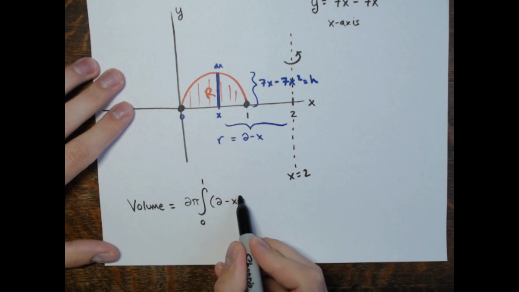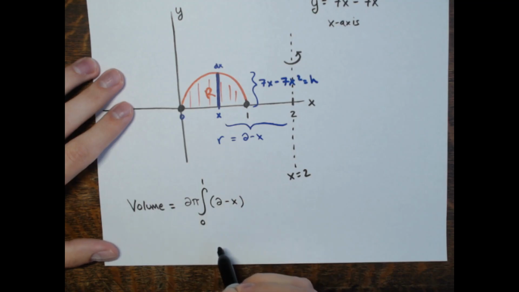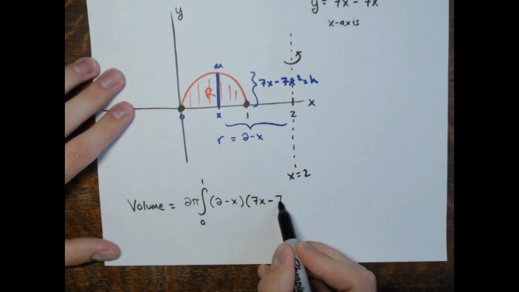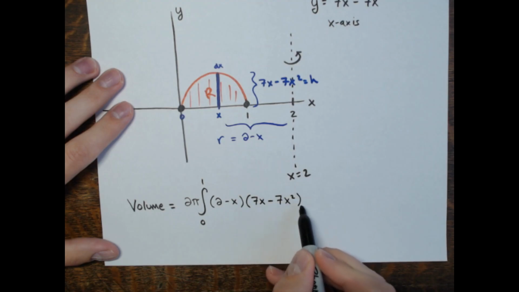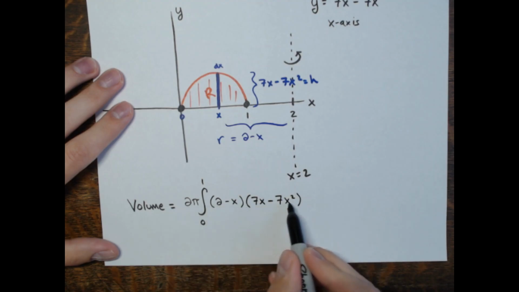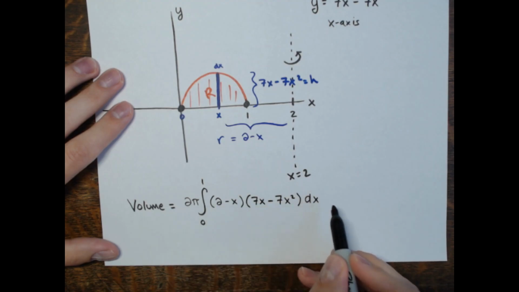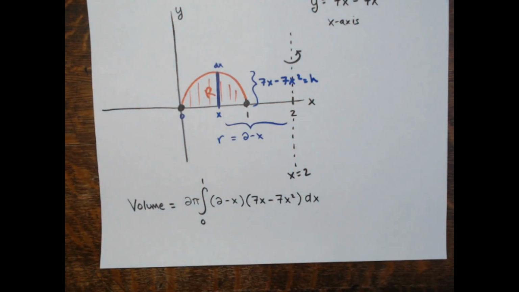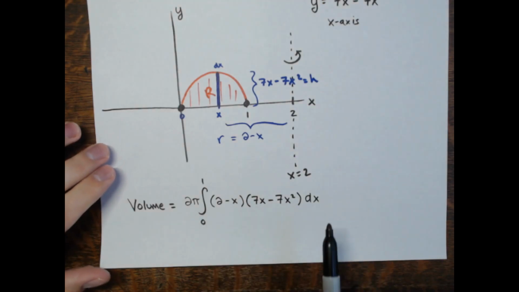The radius is in terms of x, it's 2 minus x, times the height, times this 7x minus 7x squared. There's your circumference times height times thickness, right? The thickness of the shell is the thickness of this slice, dx.